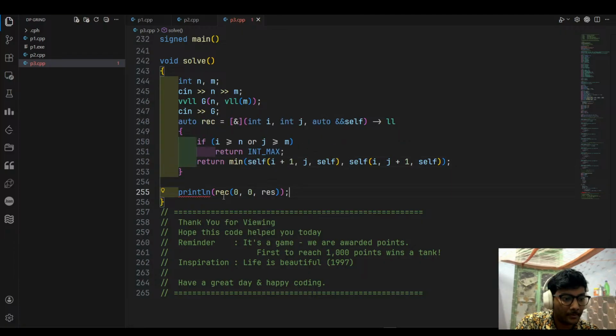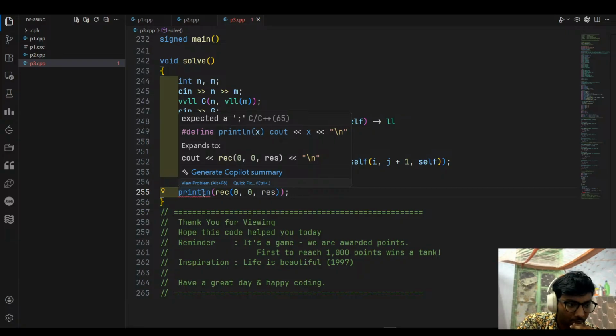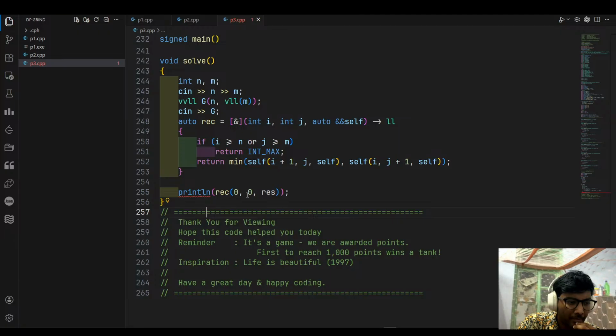It is expecting some... Okay. Expected a semicolon. Recurrence of 0, 0. Okay, so this will be recurrence first.